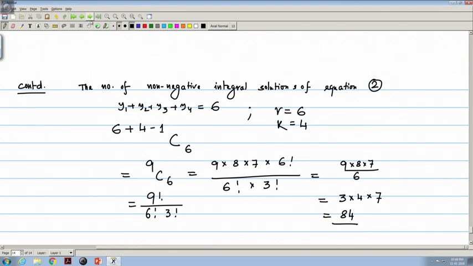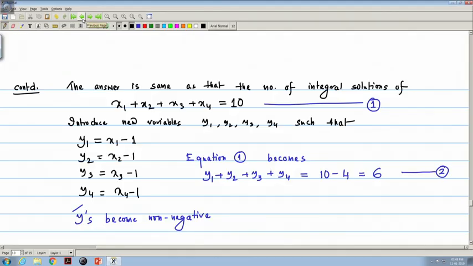Now, one important application area of this particular problem, the R combinations of a set with infinite repetition, is the number of integral solutions. How to find the number of integral solutions? If we see the previous examples, we actually converted them into that form.